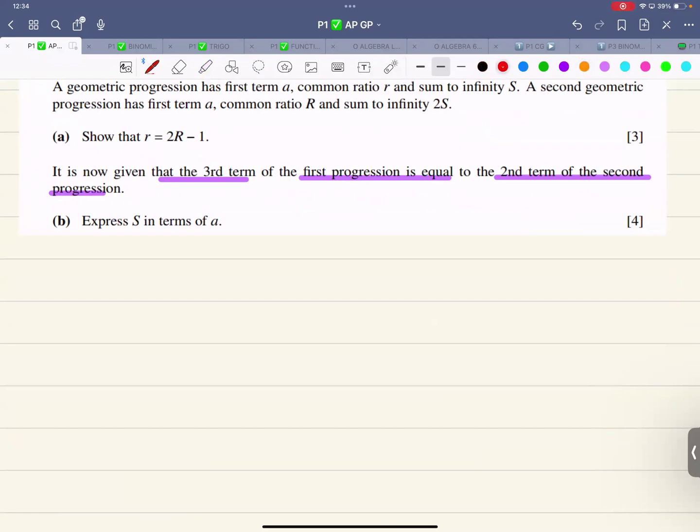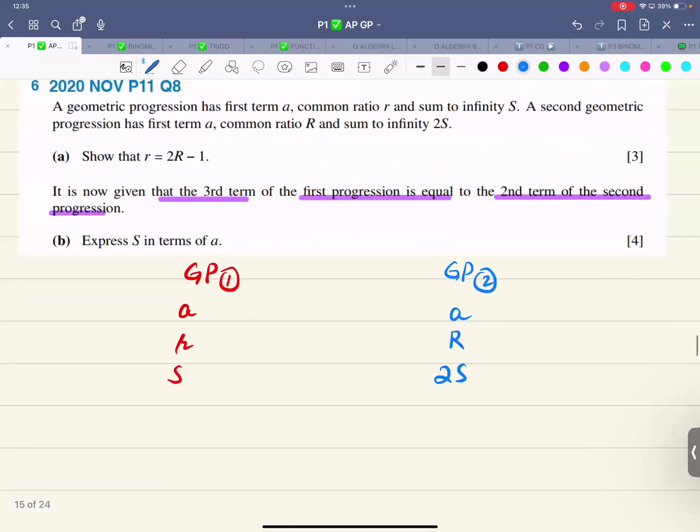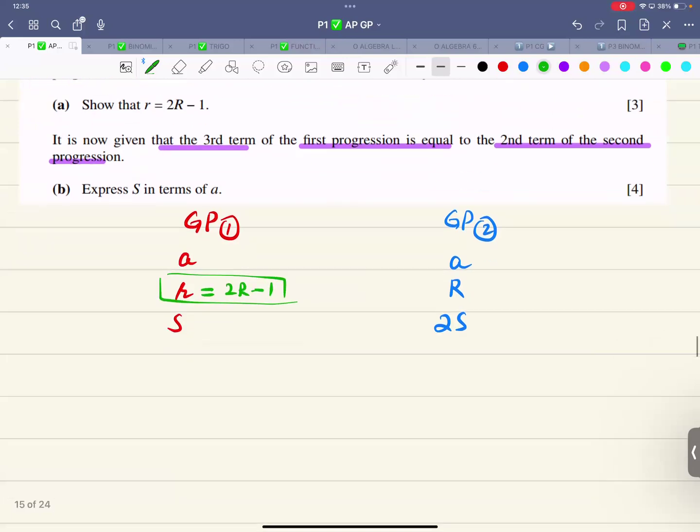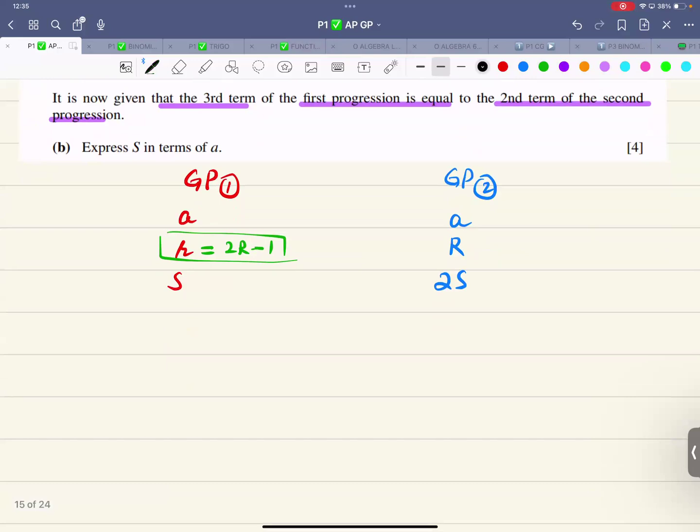So first of all, let me write GP1: A, small r, capital S. And over here GP2: A, capital R and 2S. And we have proven that small r is equal to 2R minus 1. Keep that in mind.